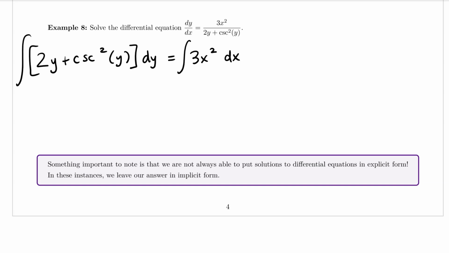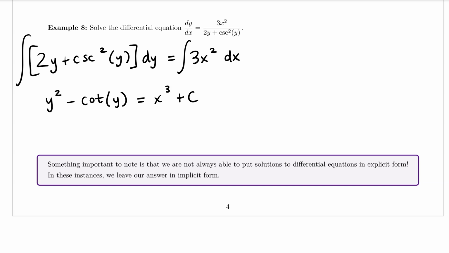If we integrate both sides, on the left-hand side we have y squared minus cotangent of y, which is equal to x cubed plus our constant of integration.